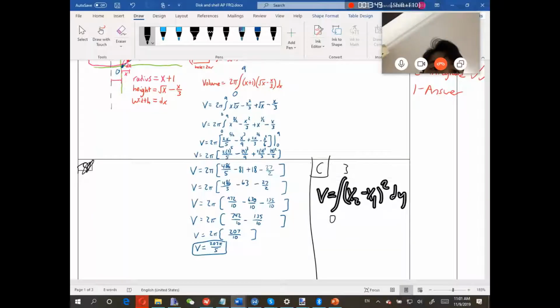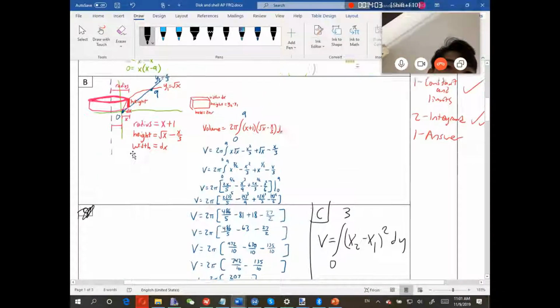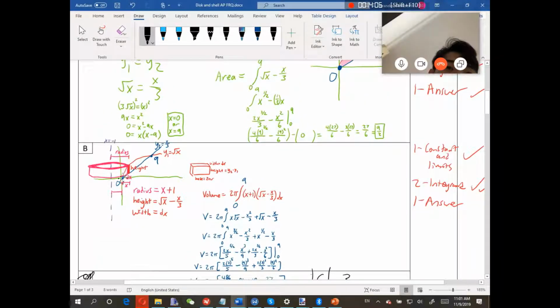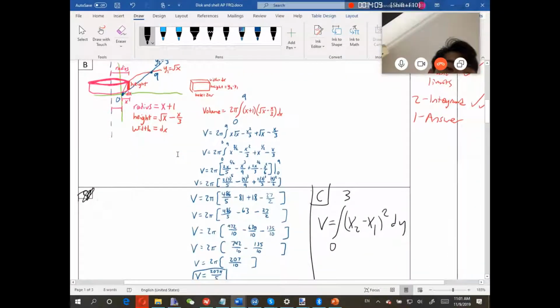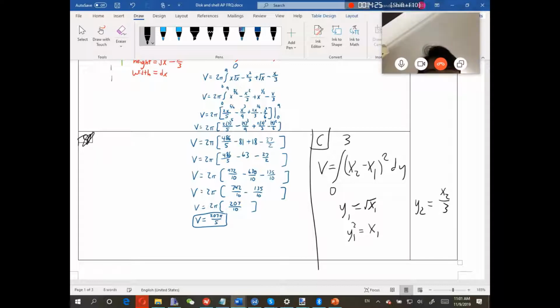So my first one was our top function, which was root x. So if y1 is equal to the square root of x, then x1 is equal to y squared. And then y2 is equal to x2/3, so that means x2 is really 3 times y.